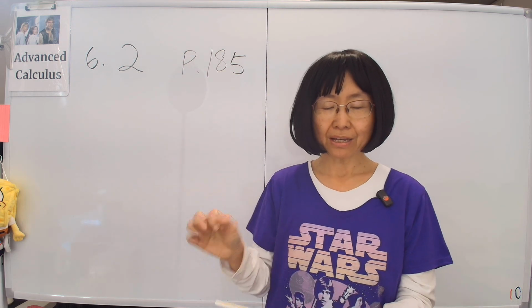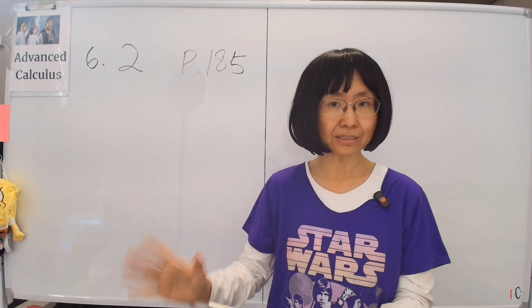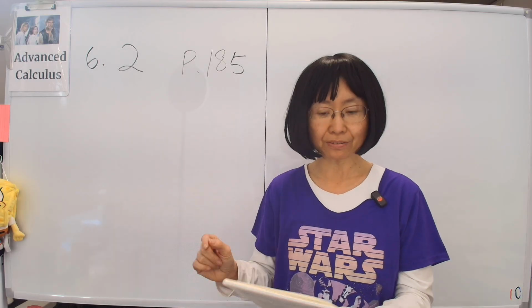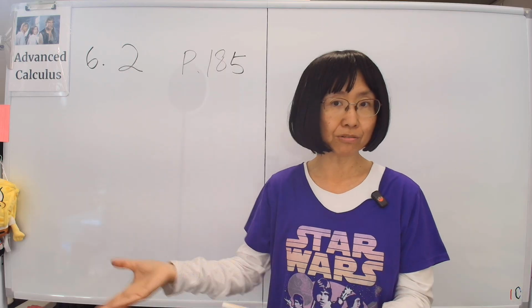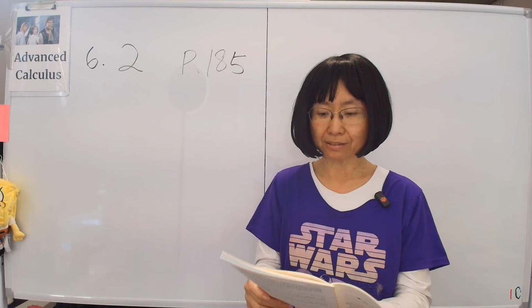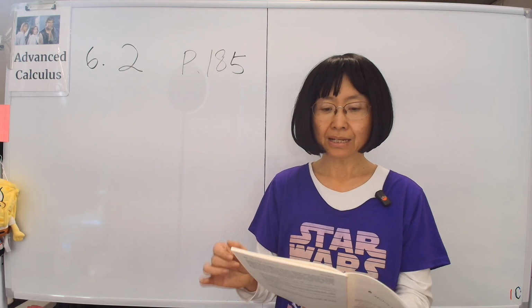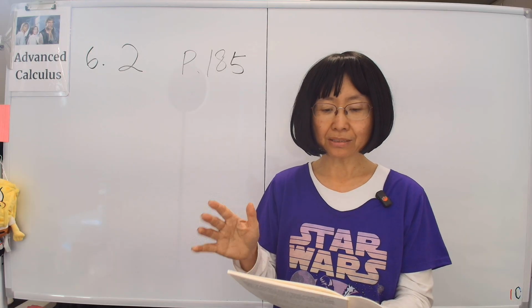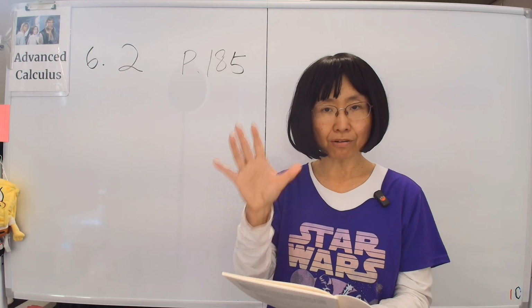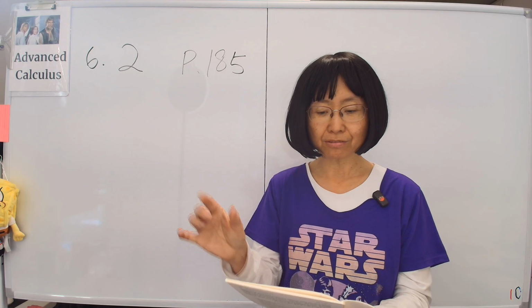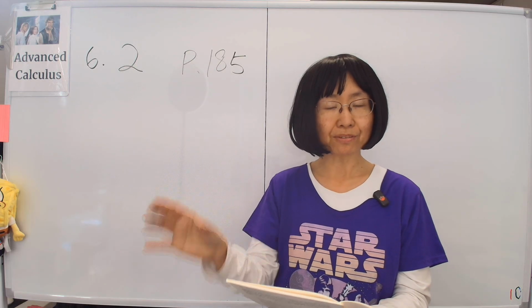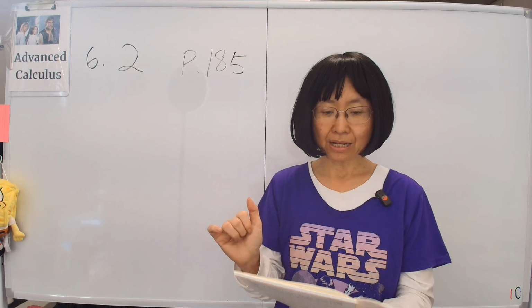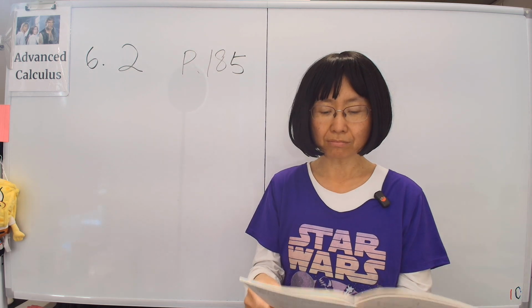Property 5, if function f is less than function g at every point, then the integral of f will be less than or equal to the integral of g. Property 6, the magnitude of the integral is less than or equal to the integral of the absolute value of the function.